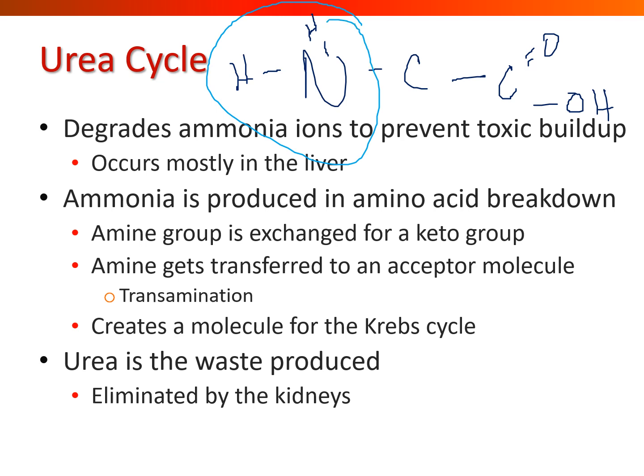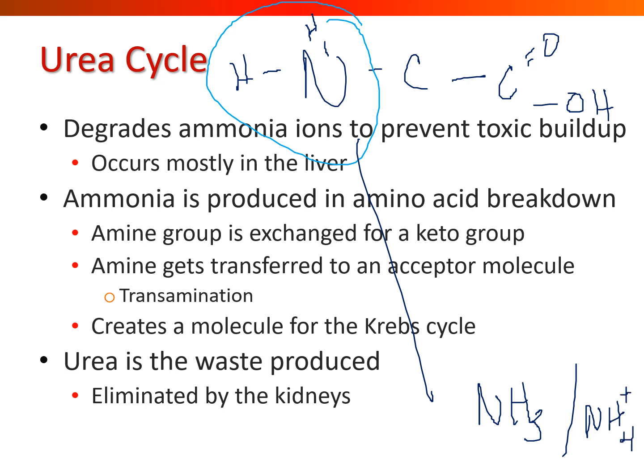Because the ammonia molecule is NH3, but it can also pick up another hydrogen and become an ion of ammonia known as NH4. And this is the molecule that we need to turn into urea, because when we start breaking down our proteins, we create ammonia.